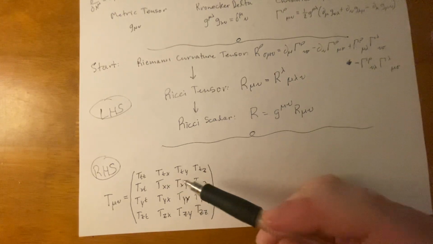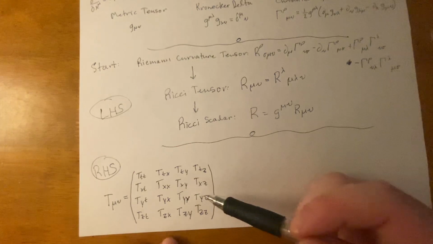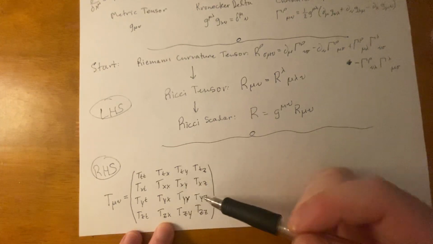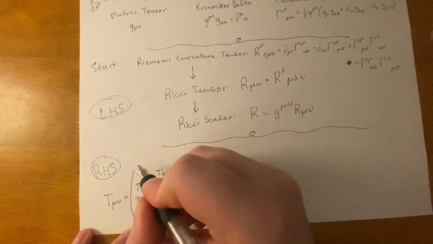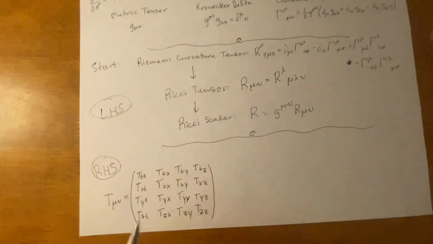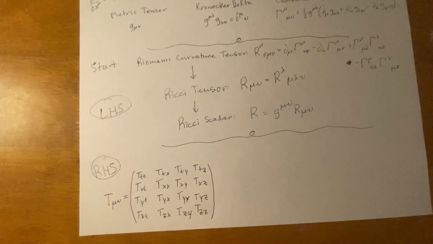Now I'm going to break down what these components mean. Hopefully it doesn't get a little messy. Let me see if I can get a pen. See if this works.